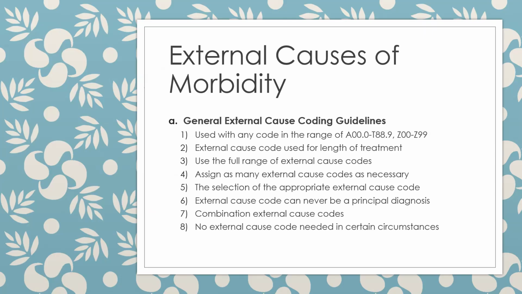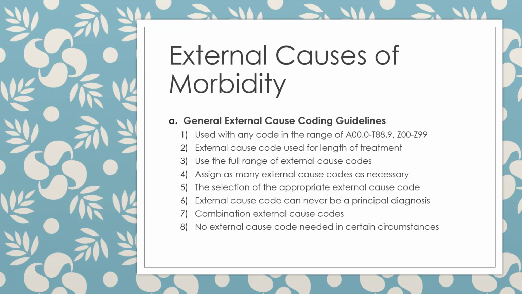Though they are most applicable to injuries, they are also valid for use with things such as infections or diseases due to an external source, and other health conditions such as a heart attack that occurs during strenuous physical activity.